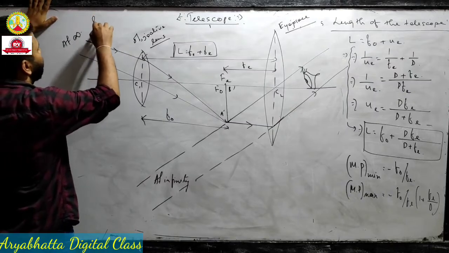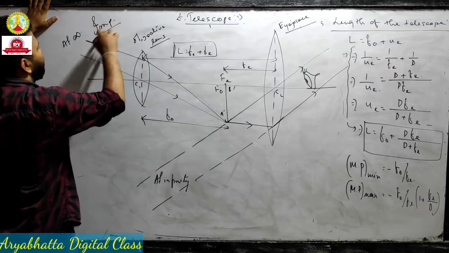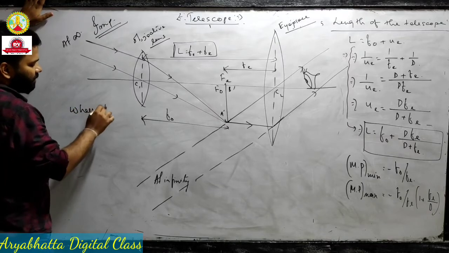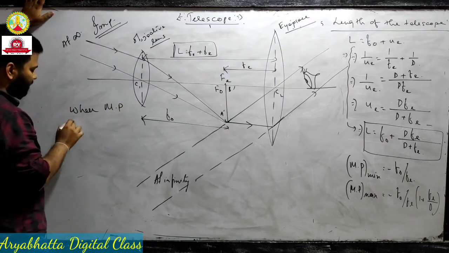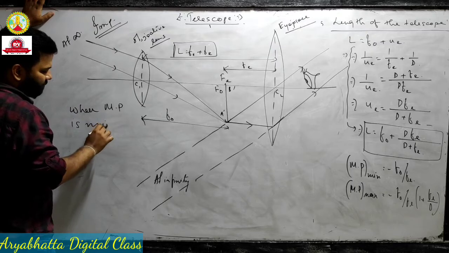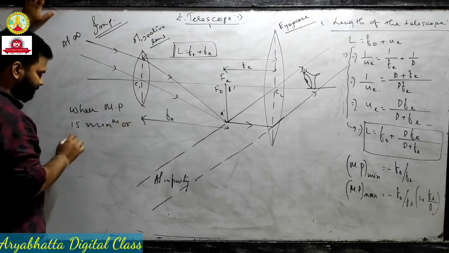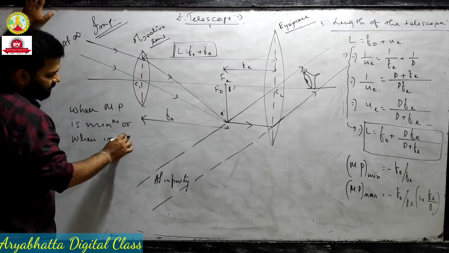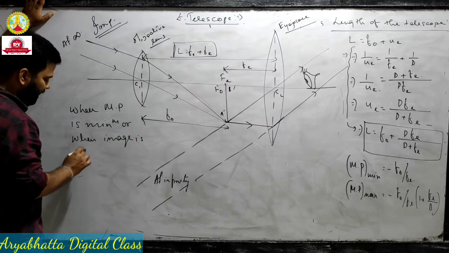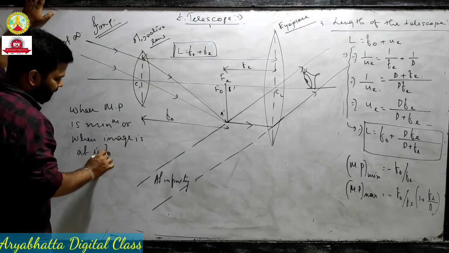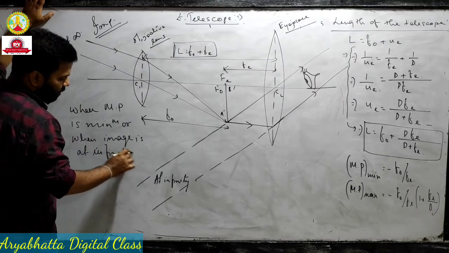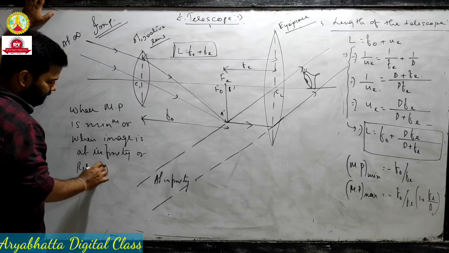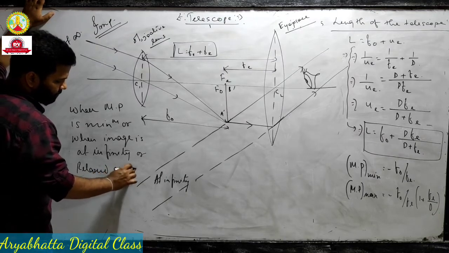Diagram is important. Okay. This is when magnifying power is minimum, or when image is at infinity, or relaxed condition.